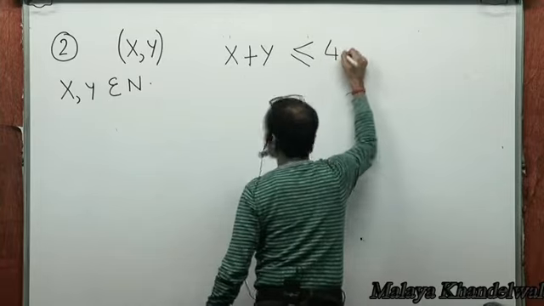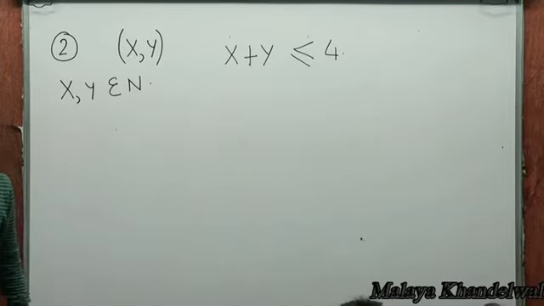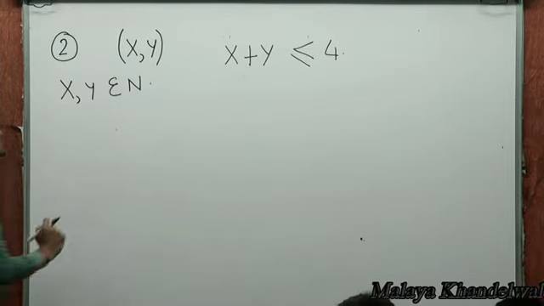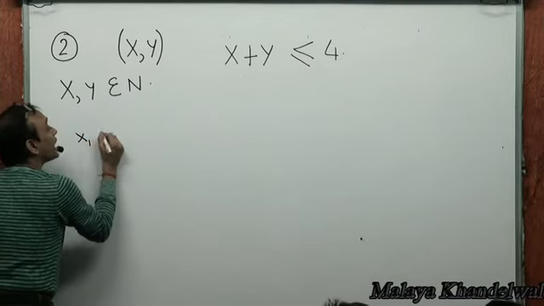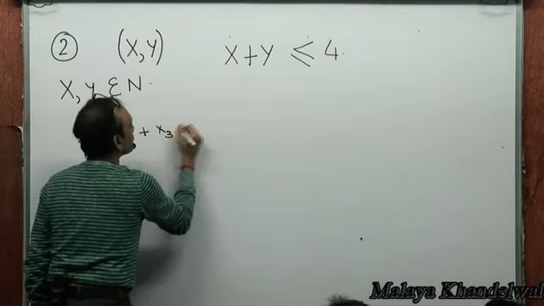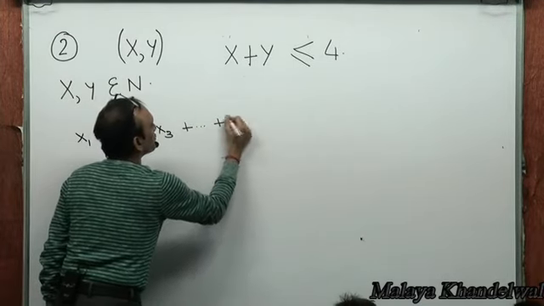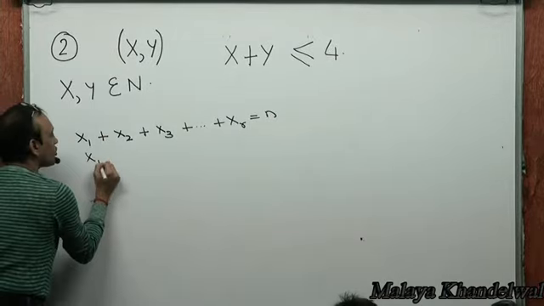Now, one thing which I want to take you back to, straight out of the previous class, is this recipe where the number of natural number solutions to this equation, where the xi's are all natural numbers, is n minus 1 c r minus 1.